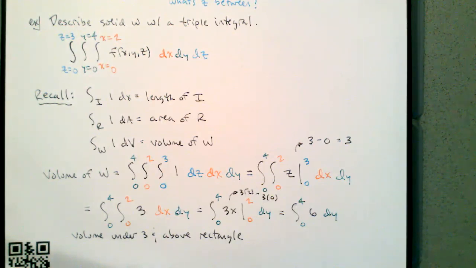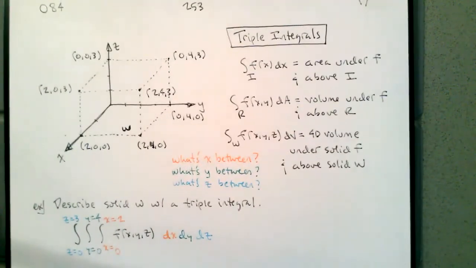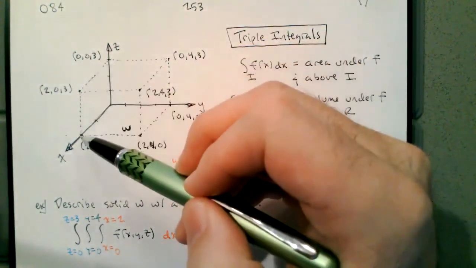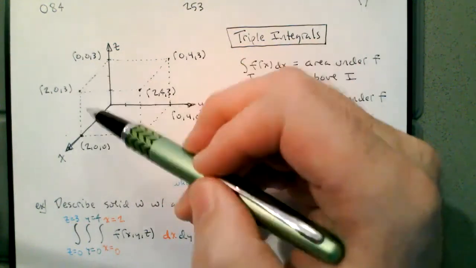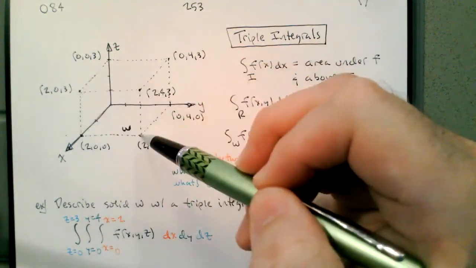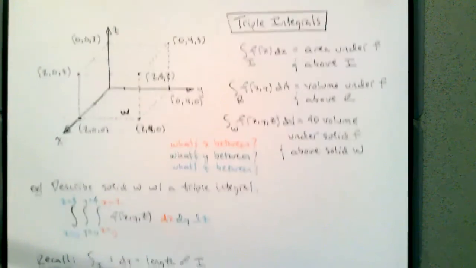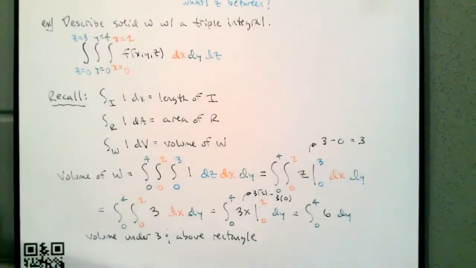But let's think about what this represents. What we have here is the cross-sectional area of 6, which will be the area of this face in the xz plane. X is 2, z is 6, so that area is 6, and we're just multiplying it by the height. So it all fits together, which is pretty awesome.